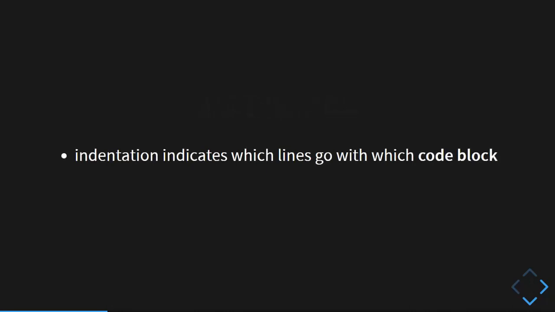So what is indentation? What does indentation do in Python? It notes what's inside a block of some sort. Yes, exactly. Instead of curly braces, like in JavaScript, indentation shows you where a code block starts and ends.